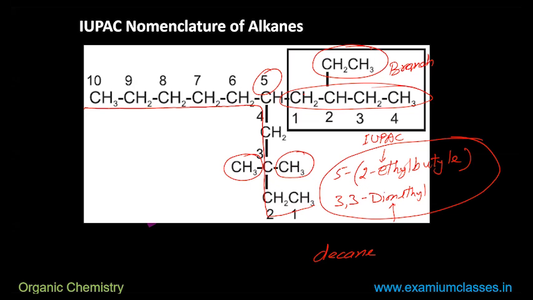So E comes first. Otherwise, you can make a mistake. You can consider D, but di, tri, etc. will not be considered, only the actual names. So M comes first. So you will write 3,3-dimethyl. Then on fifth carbon, you have 2-ethyl butyl, decane.